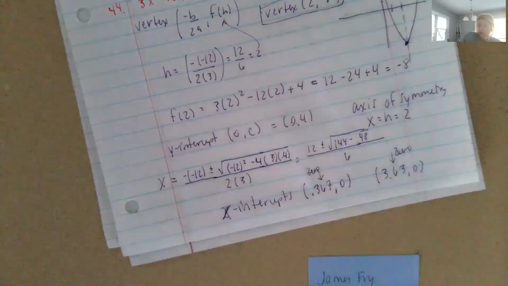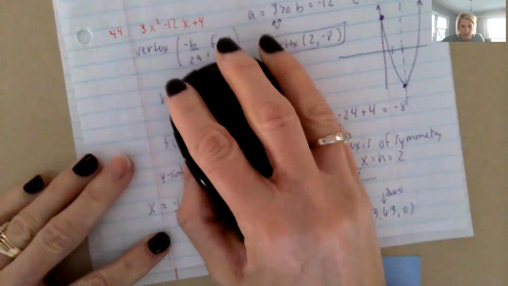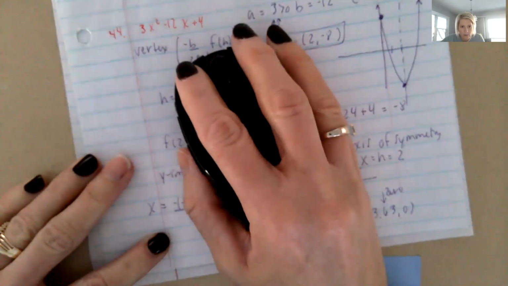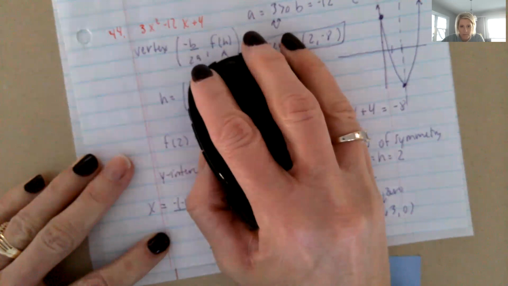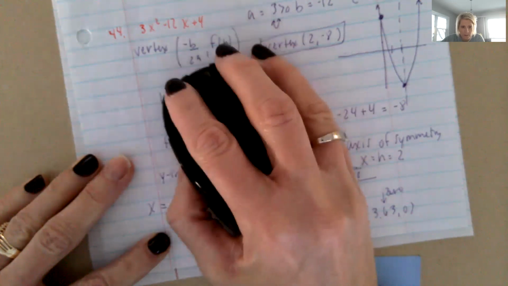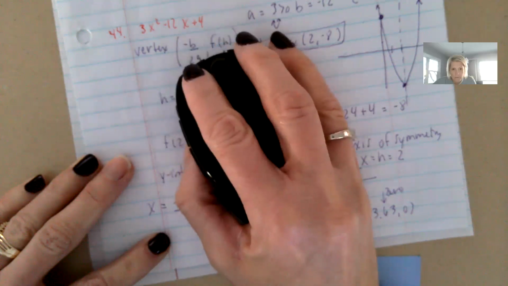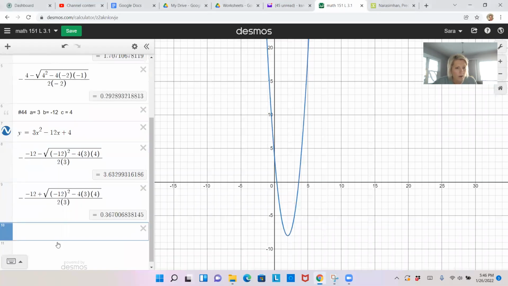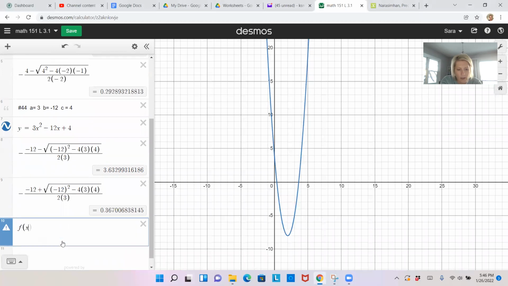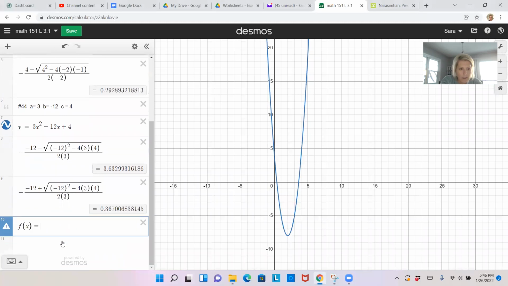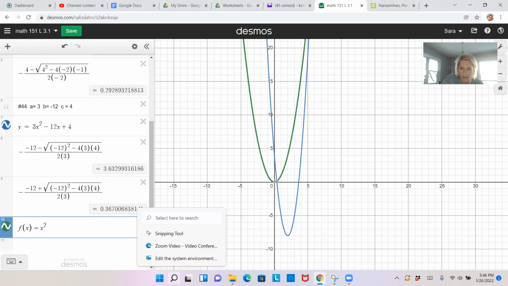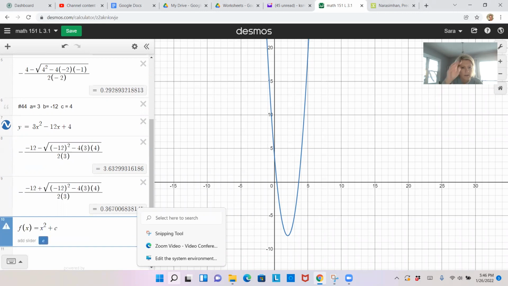So I'm going to show you again how you can make the slider on Desmos before we leave. You can go f of x equals x squared, plus c.